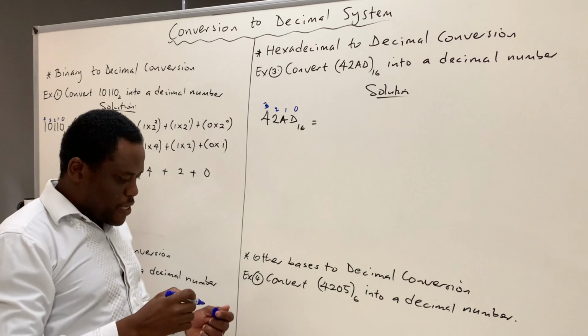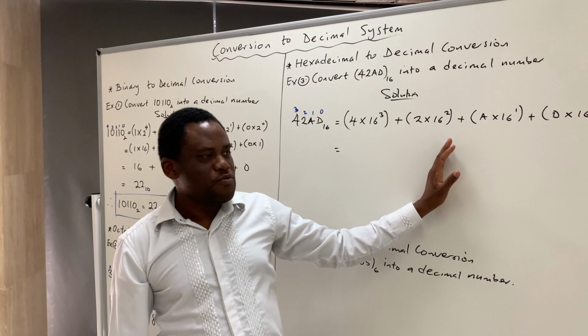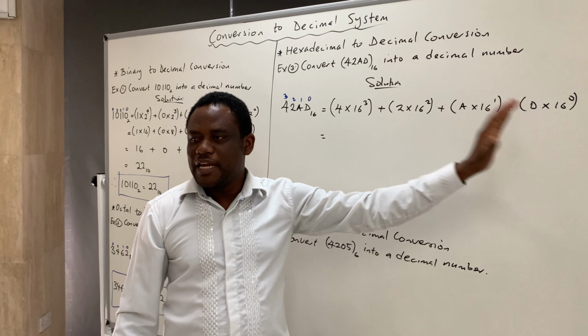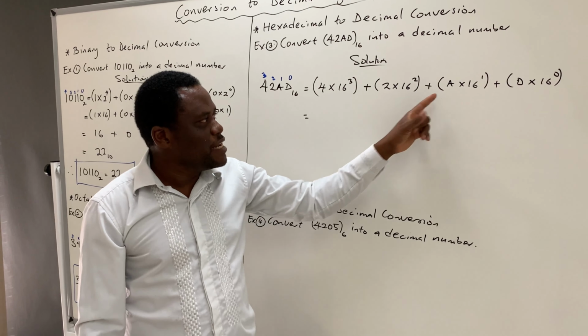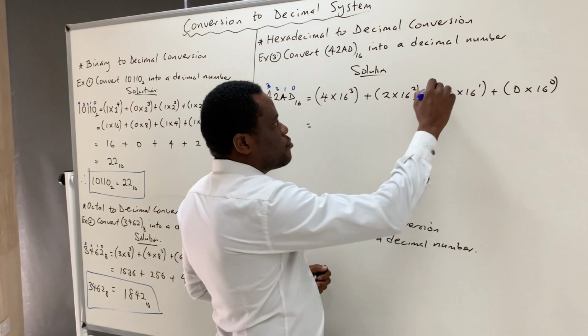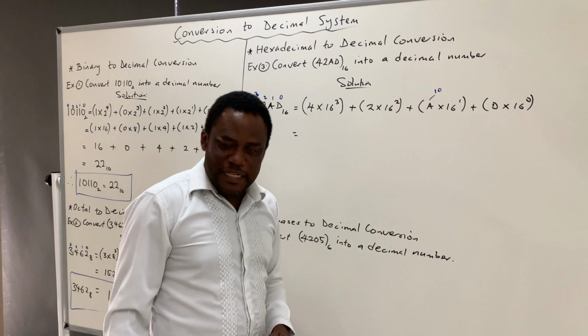Now we have to be careful. What is A in hexadecimal? Pause the video and go back later. You will see that A is 10, right? Because after 9, we use A, B, C, D, E, and F. So A is 10 in hexadecimal.